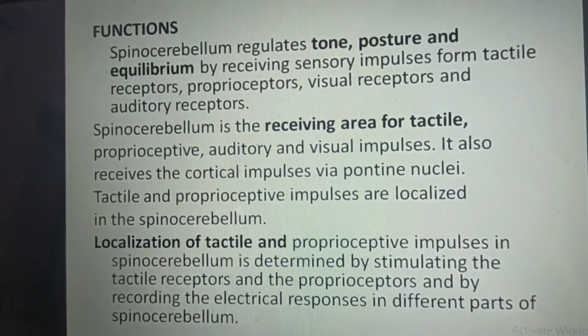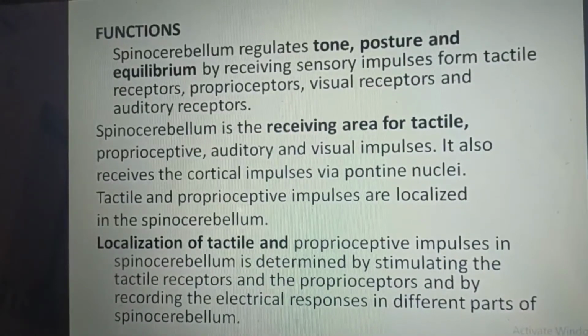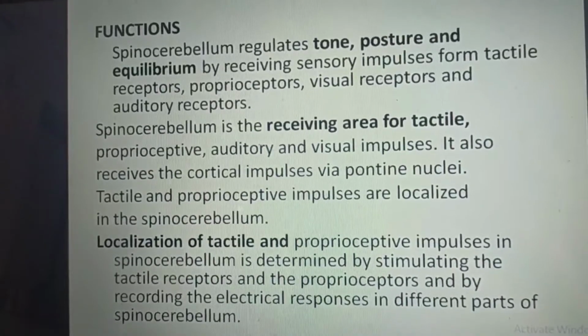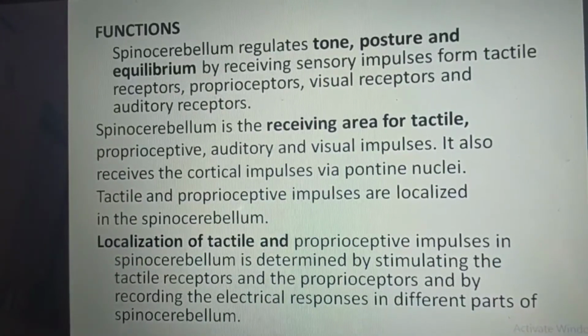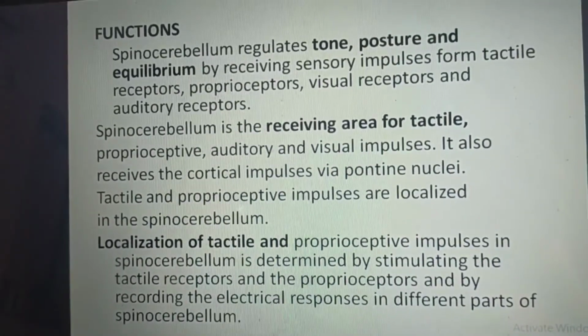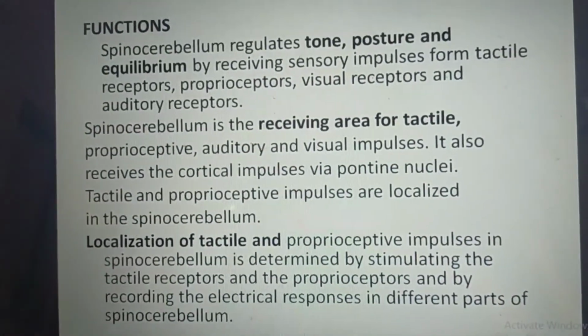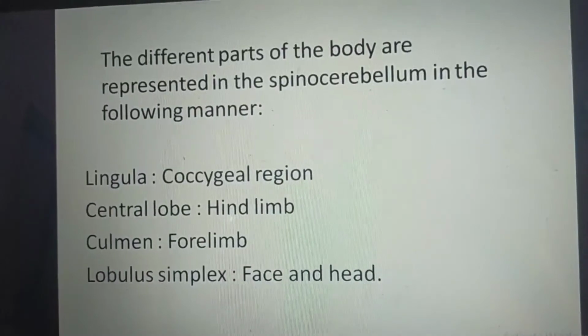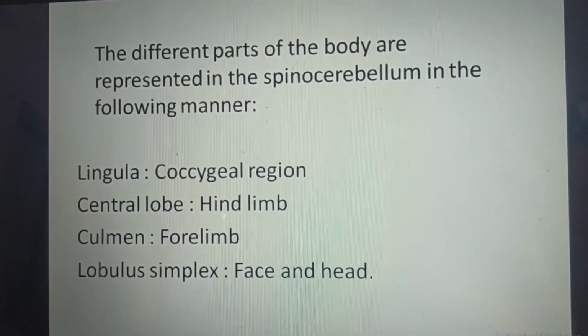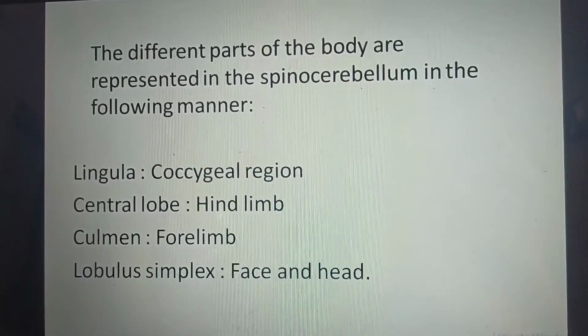Location of tactile and proprioceptive impulses in spinocerebellum is determined by stimulating the tactile receptors and proprioceptors and by recording the electrical responses in different parts of spinocerebellum. The different parts of the body are represented in the spinocerebellum in the following manner.